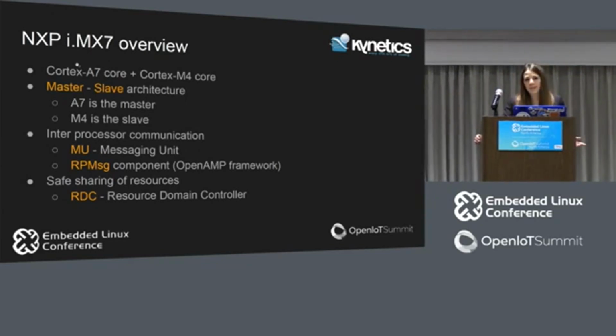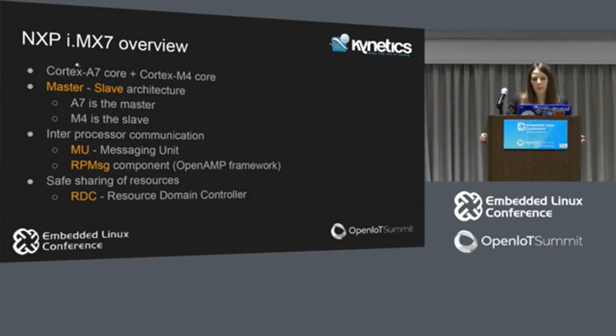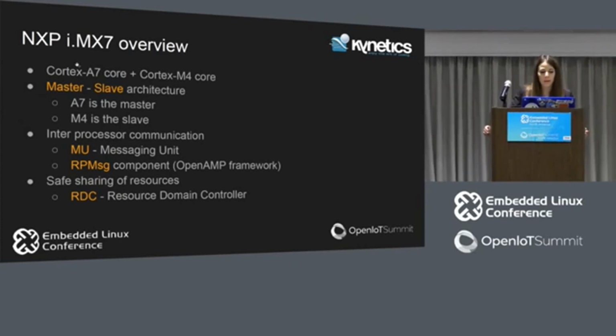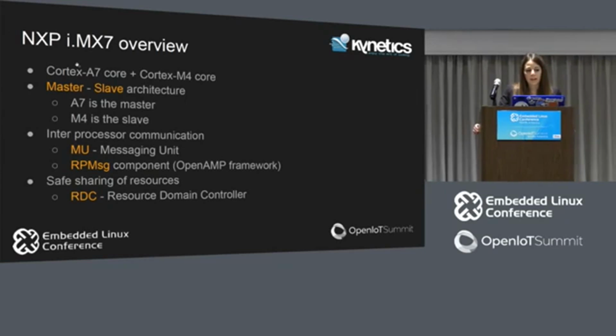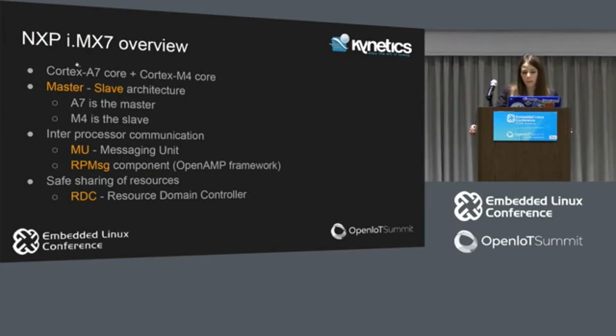So I will guide you through the steps that we took to develop an application on a hybrid system. We chose to develop on the NXP IMX7 processor, which has a Cortex-A7 core alongside a Cortex-M4 core in the same SoC. We have a master-slave architecture where the Cortex-A7 is the master core and the M4 is the slave.